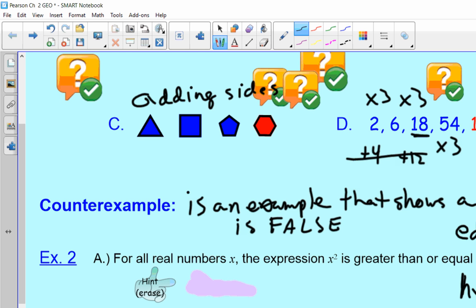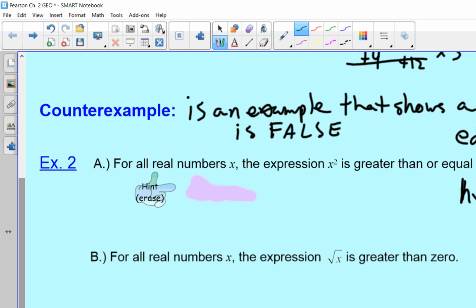Okay. So in this particular example here, for examples A, B, and C, we need to find something that I can use to prove that this statement is actually false. Okay. So for all real numbers x, the expression x squared is greater than or equal to x.